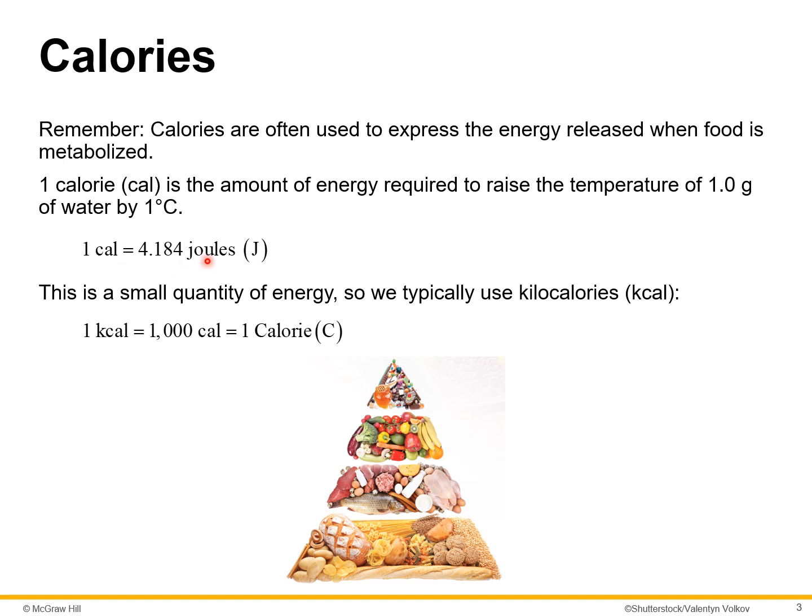We talked about joules and kilojoules before. And when we look at a food label, it's usually big Cal, capital C, and that equates to 1 big C or 1 Calorie is equal to 1,000 cals, which is equal to 1 kilocalorie.